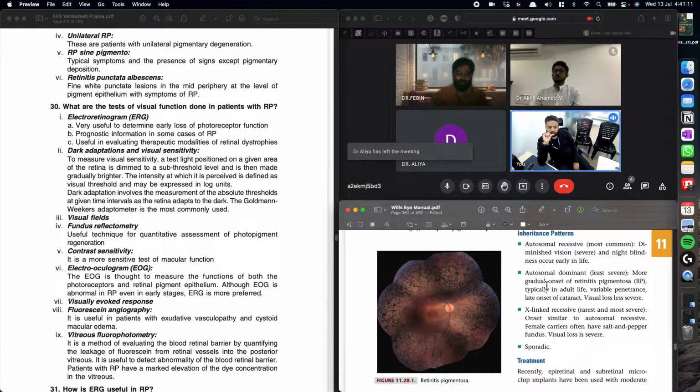Now, can you tell me what genetic status of expression his mother or father might have? Can you try to guess from this guy's condition?